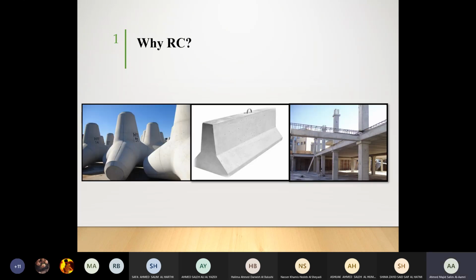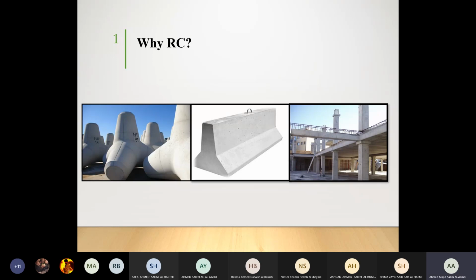Another advantage of concrete is that it can be molded in whatever shape we want. Can you see the different shapes which are available here? We have wave barriers, and then we have road barriers, and then regular framing. One very good advantage of concrete is its ability to be molded.